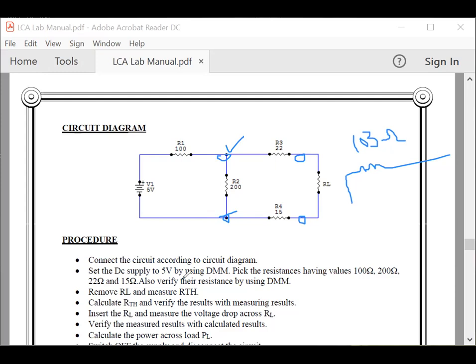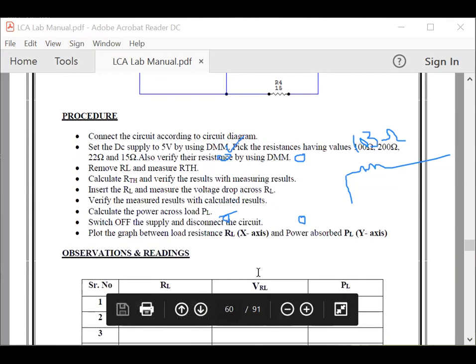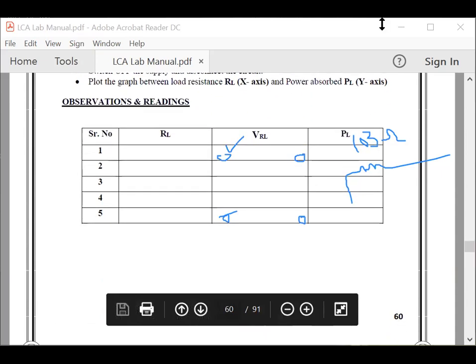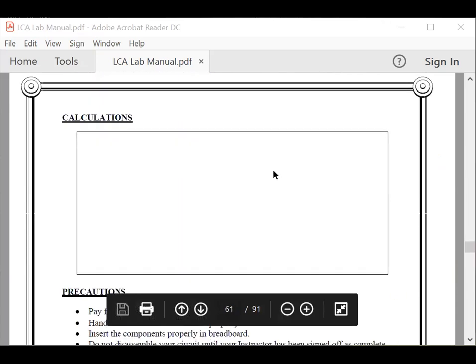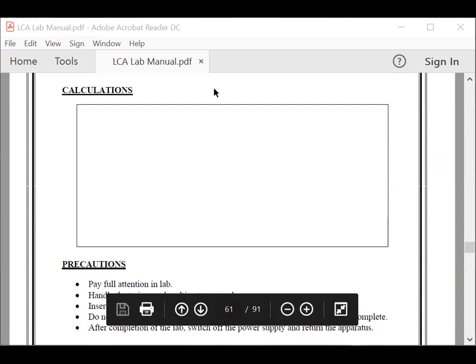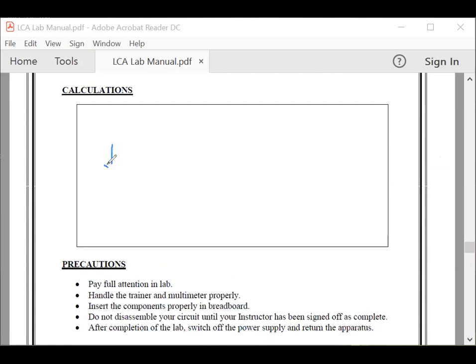You have a circuit like, let's say, to find the VTH, this is our 5 volt, and this is 100 and this is 200.